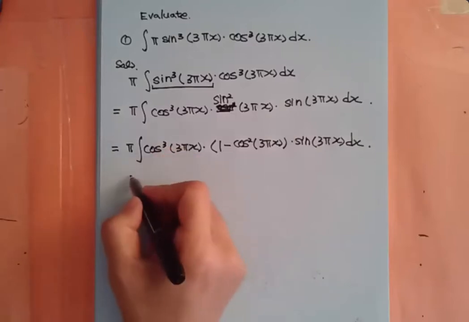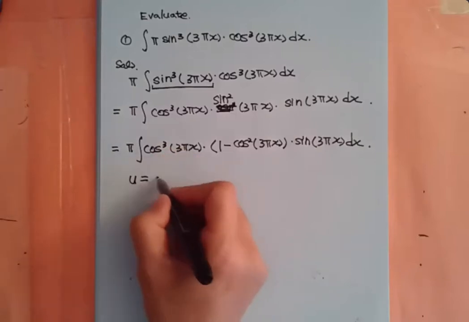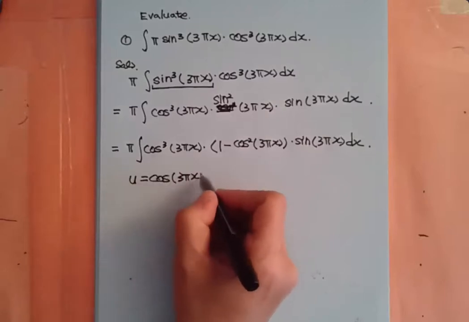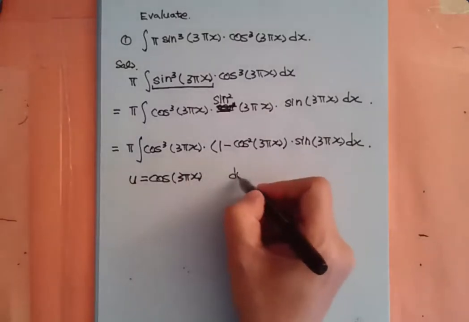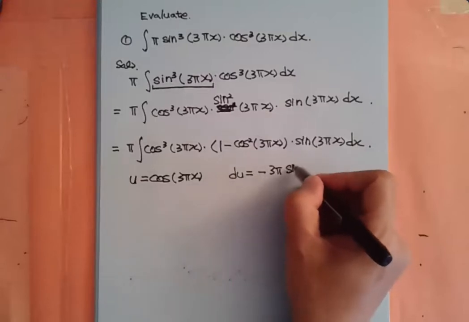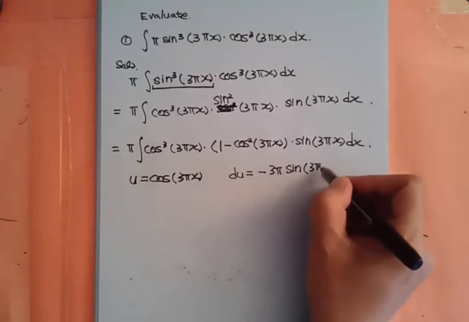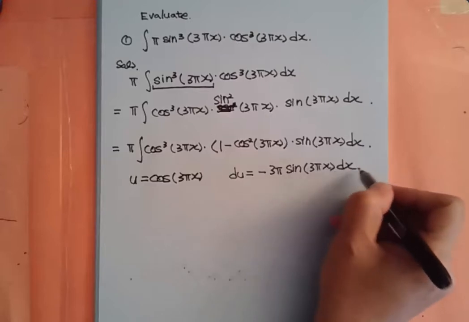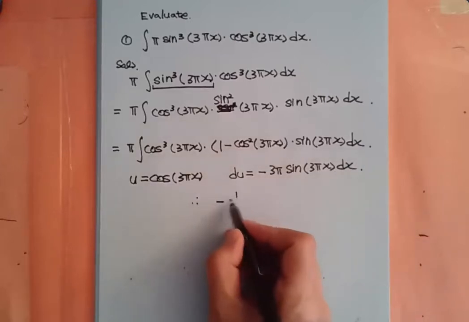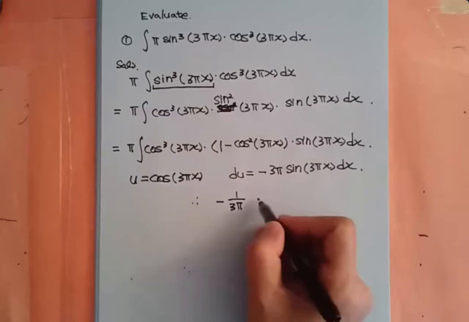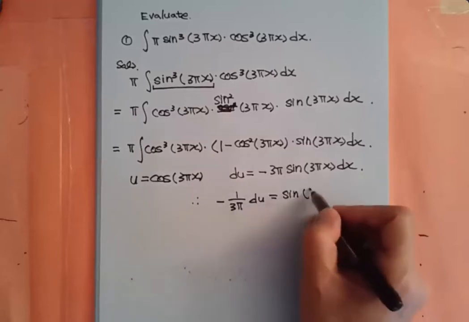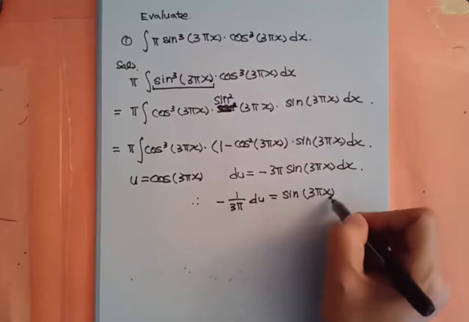So we put u equals cosine of 3 pi x. And we think about du, then that is minus 3 pi sine of 3 pi x dx. Therefore, minus 1 over 3 pi du equals sine of 3 pi x dx.